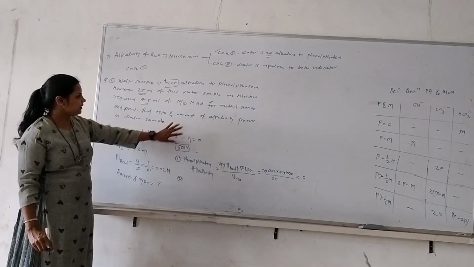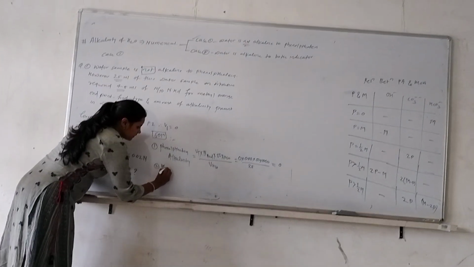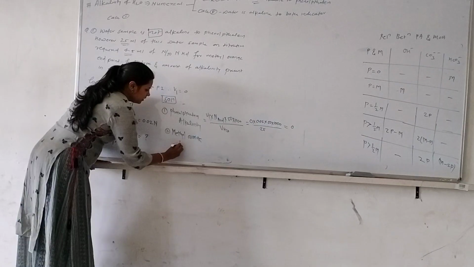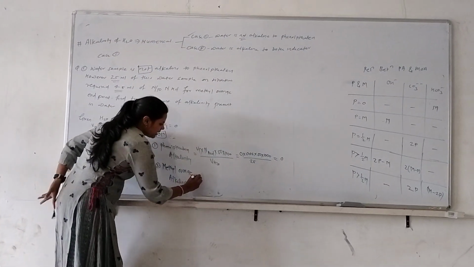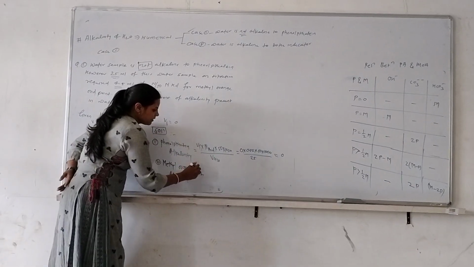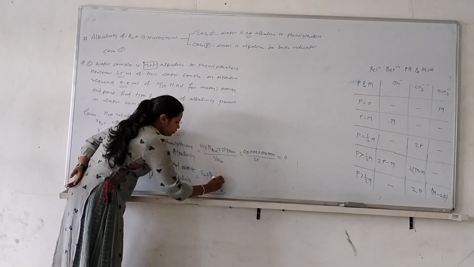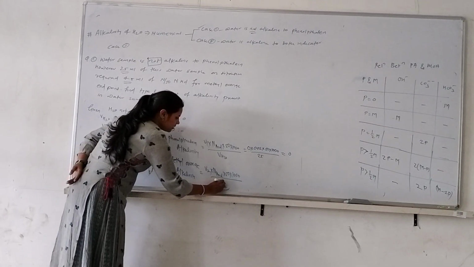Second, we have to find the methyl orange alkalinity. Methyl orange alkalinity is equal to the same formula again, only replace V1 with V2: V2 into normality of acid into 50 into 1000 divided by volume of water.